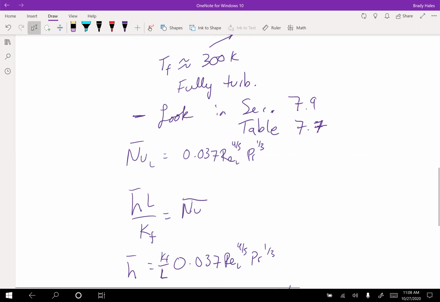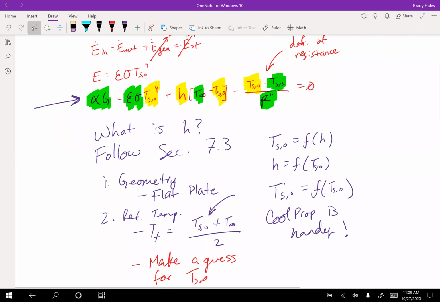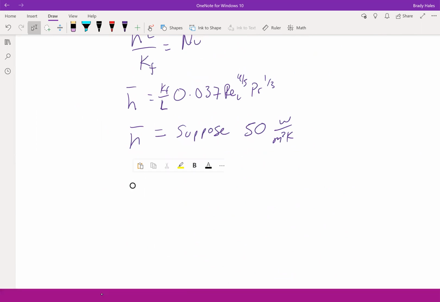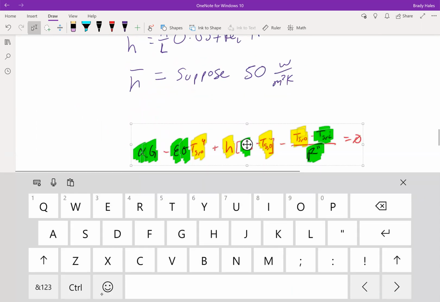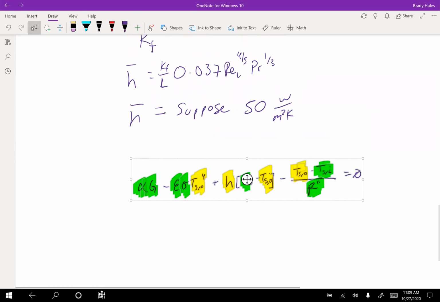Now what we can do is come up to our equation right here. So let's copy that, come back down here, paste that. Now I say suppose 50, that's not something you actually do, you actually calculate it, right?